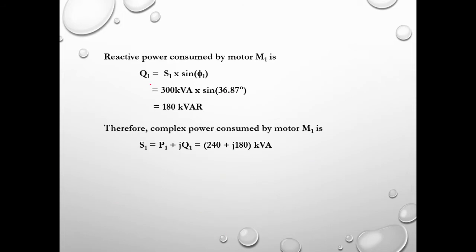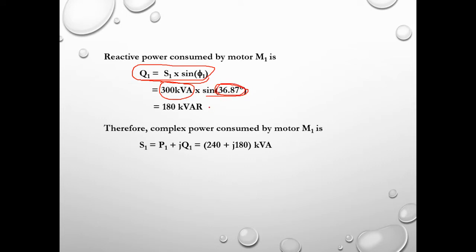What about Q1? Again, from trigonometry or from the power triangle, rearrange the equation. Substitute the value of S1, which is 300 kVA, and sine 36.87 degree.